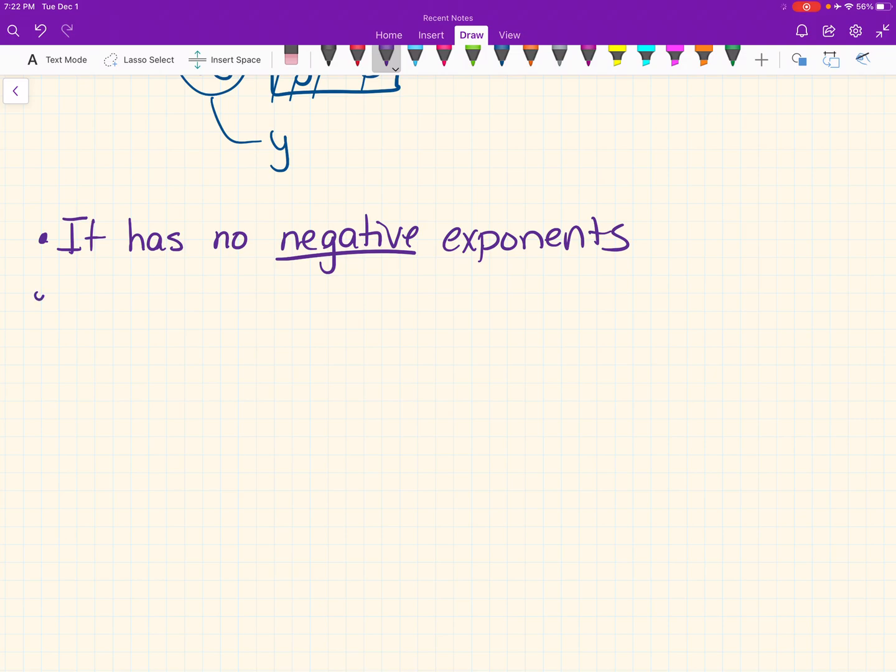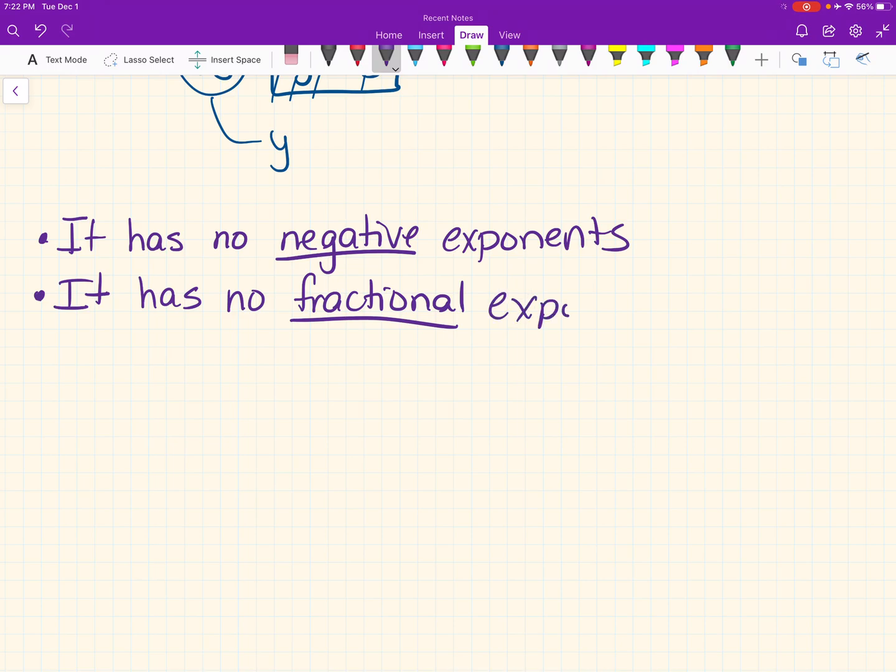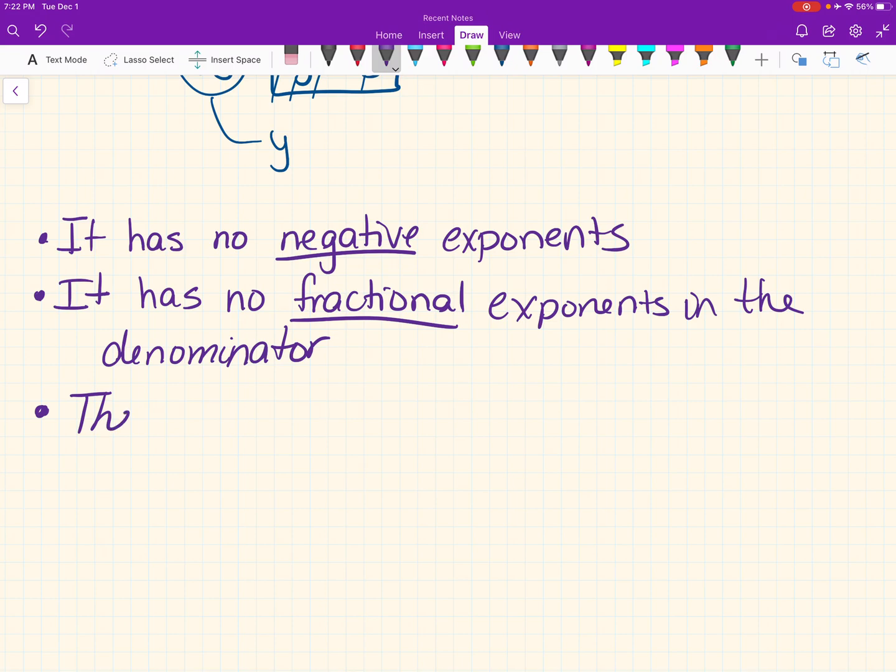It has no fractional exponents in the denominator. And the index is as small as possible. So we've simplified as much as possible.